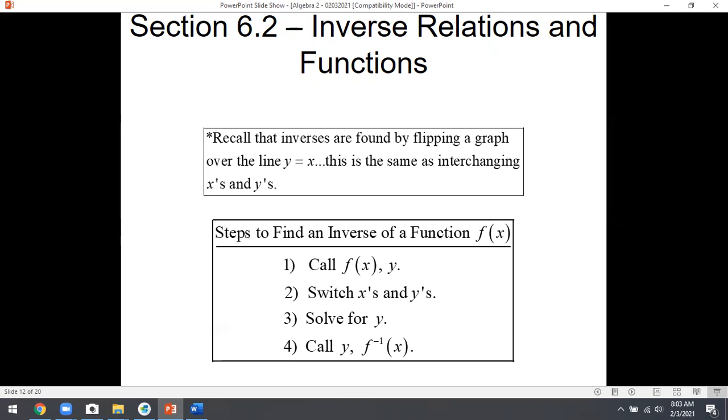And then you are now talking about this thing's inverse. If you solve for y, then whatever that is, that's your inverse. And you just call it f inverse then. So steps 1 and 4 are really just renaming something so it's easier to work with. The real work is number 2, where you switch the x's and the y's, and number 3, definitely, when you move things around and solve for y. Not that bad.